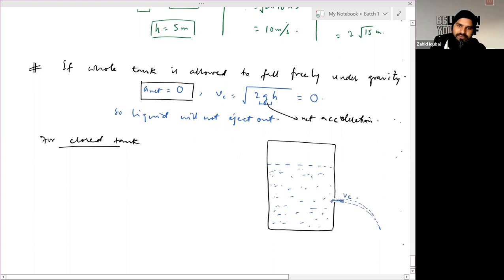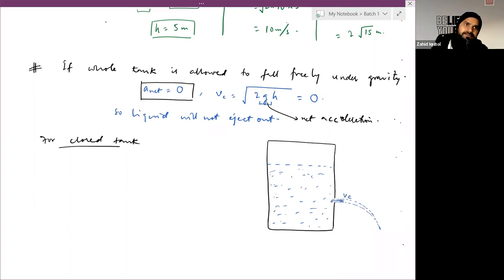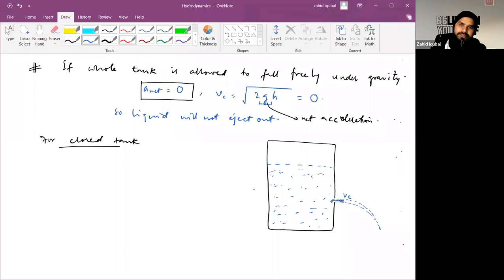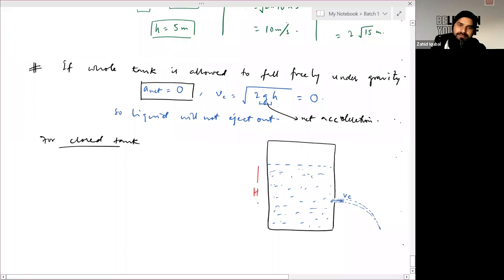So it will be the velocity of efflux. Height of tank in this case, H. Position of hole from this point, h. And from bottom, H minus h. There will be some pressure inside, and since the hole is exposed to atmosphere, it will have atmospheric pressure.